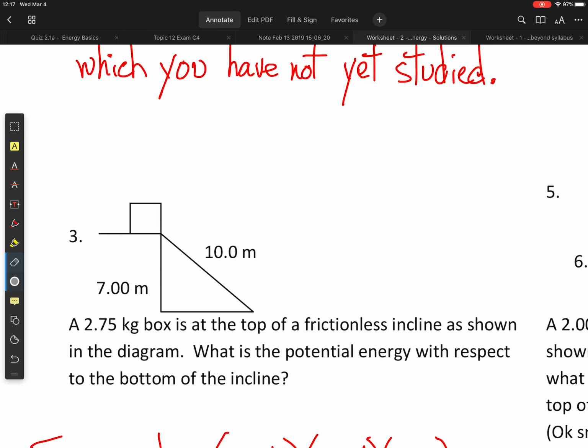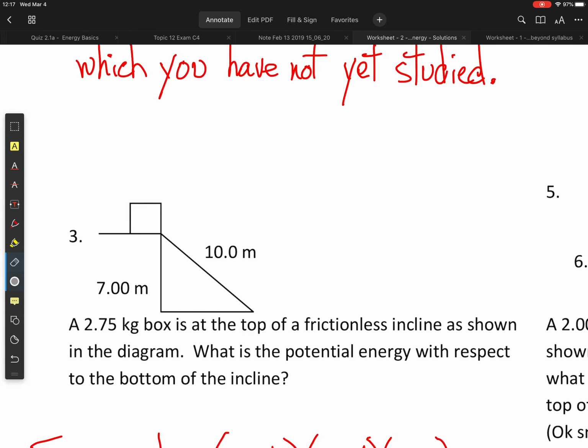For number 3 we have a box, 2.75 kilograms, and it's at the top of a frictionless incline. You're asked to find the potential energy. We have some information here that we don't actually need.